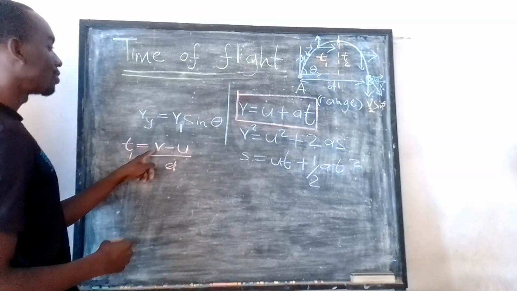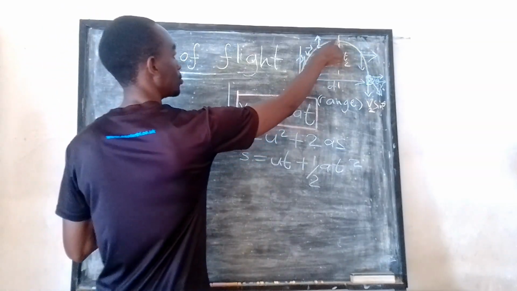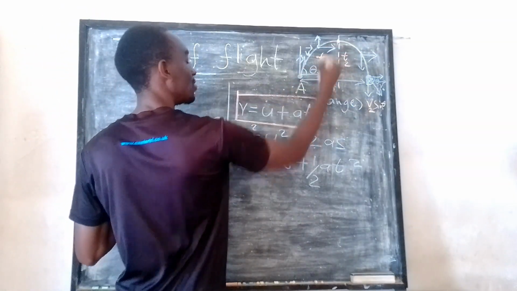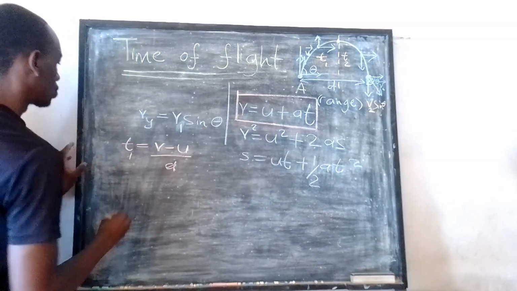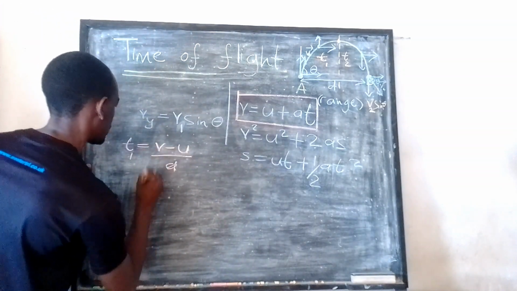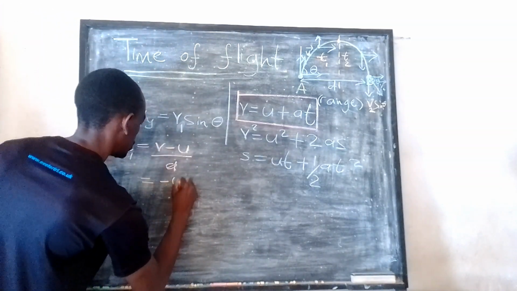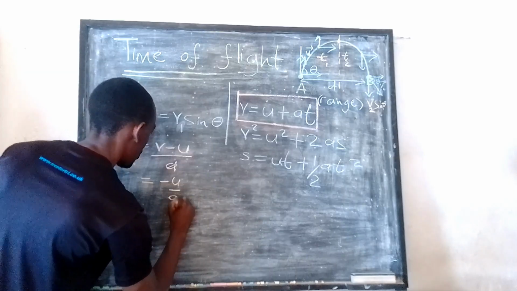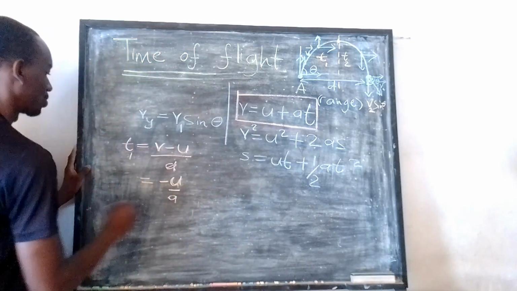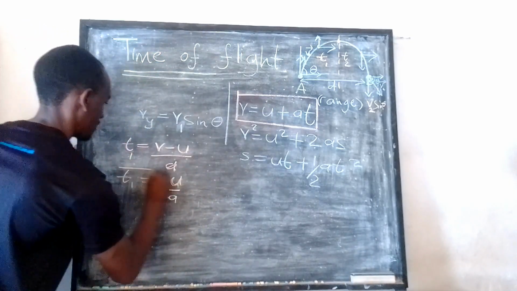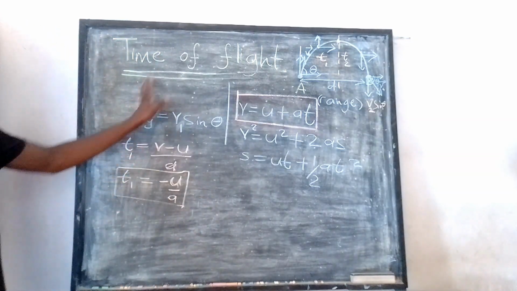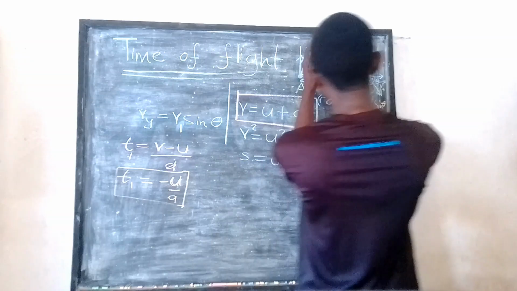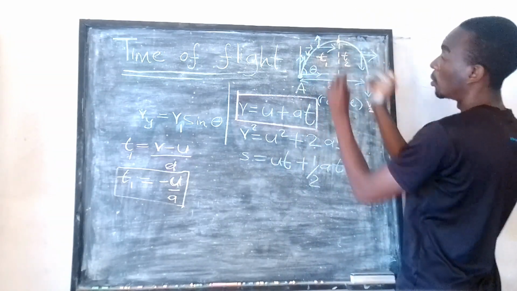Remember, the final velocity, the vertical component of the velocity, is 0. So we end up with t1 equals minus u over a. This is half the time of flight, because we're only looking at half the motion.